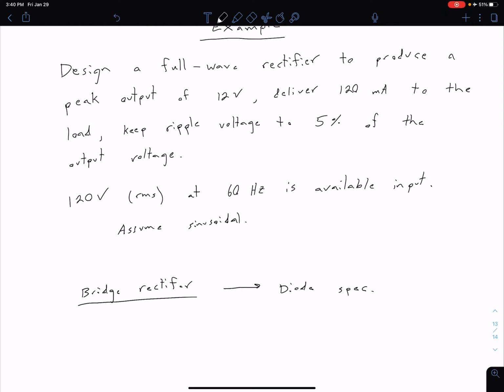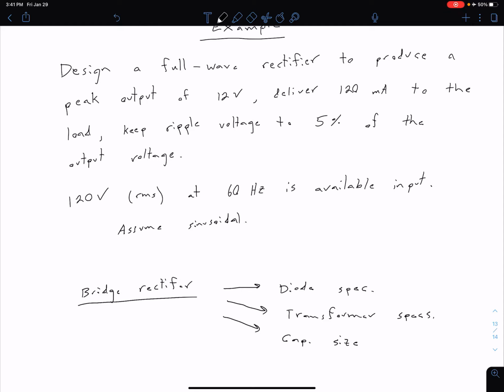But we do need to know how hardy our diodes need to be, and we also need to know what type of transformer to put in the circuit, so we need our transformer specs. Those are the two things we're targeting, and one other thing related to our ripple voltage: we also need to know our capacitor size.